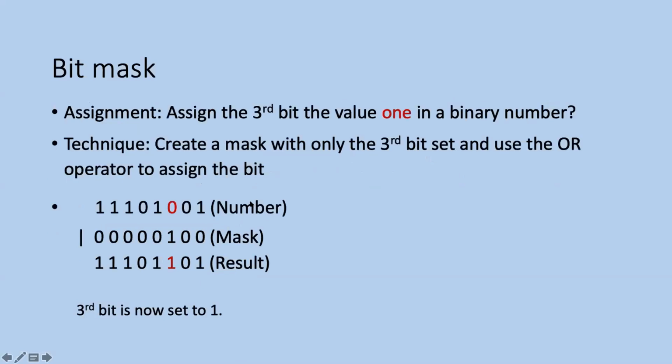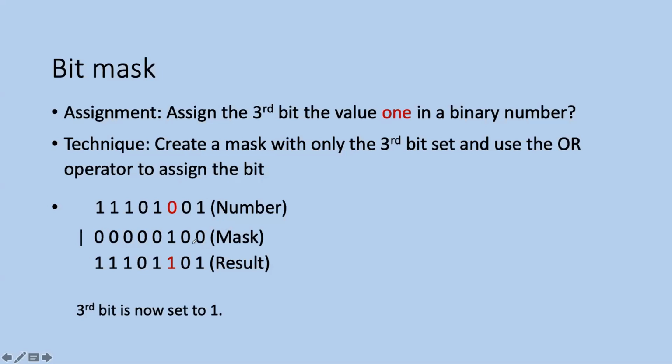All right, the next technique is to assign the third bit the value 1 in a binary number. Here is my binary number. Right now the third bit is 0, so we need to change that to 1. How do we do it? The technique is we create a mask with only the third bit set and use the OR operator to assign the bit.